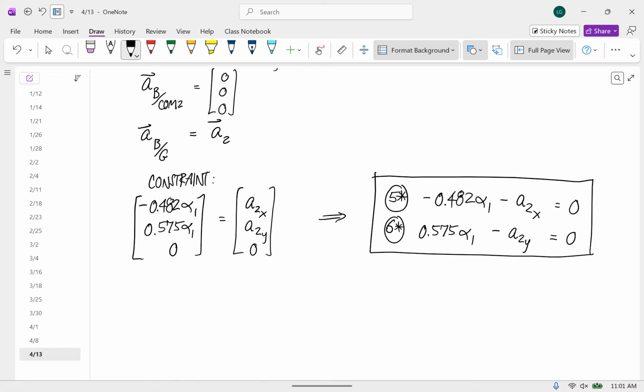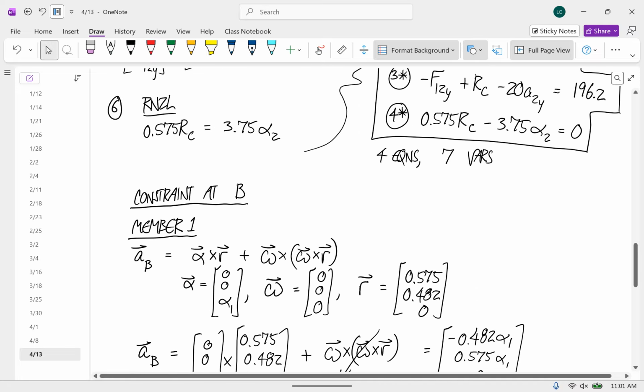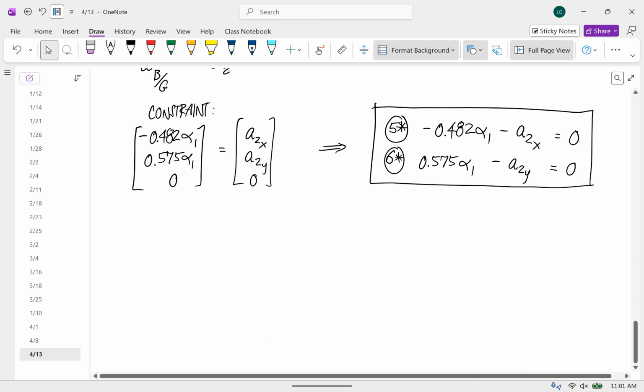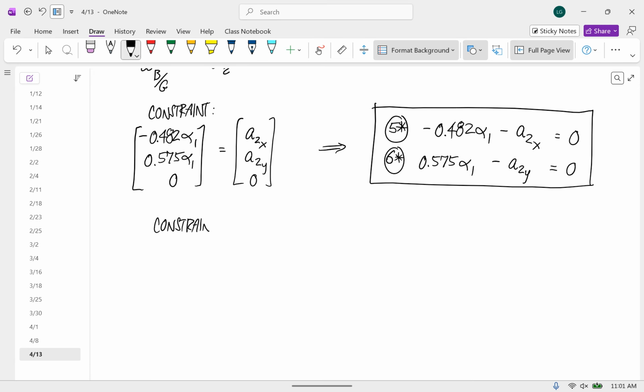We need one more constraint equation, and that is the constraint at C. So now take a couple minutes and calculate the 7th equation. Okay, so the constraint at C. So we're going to use body 2. Does body 2 have a fixed point?